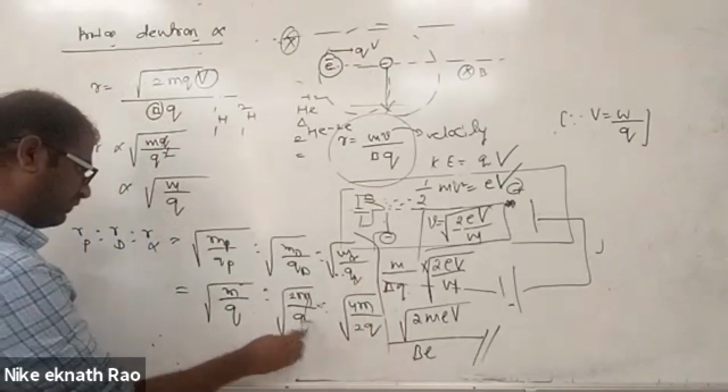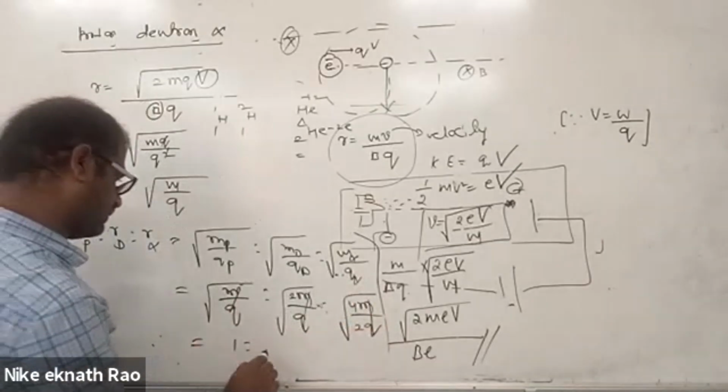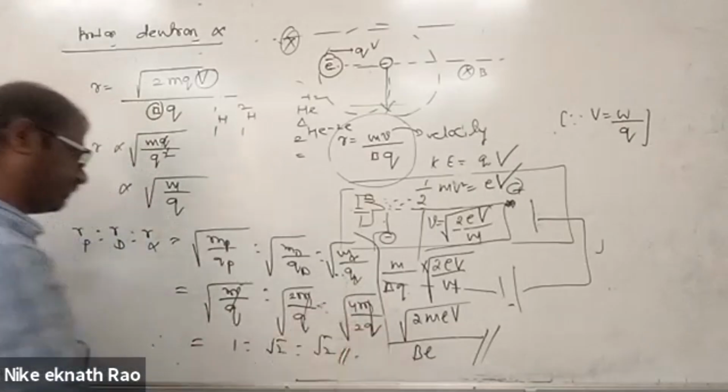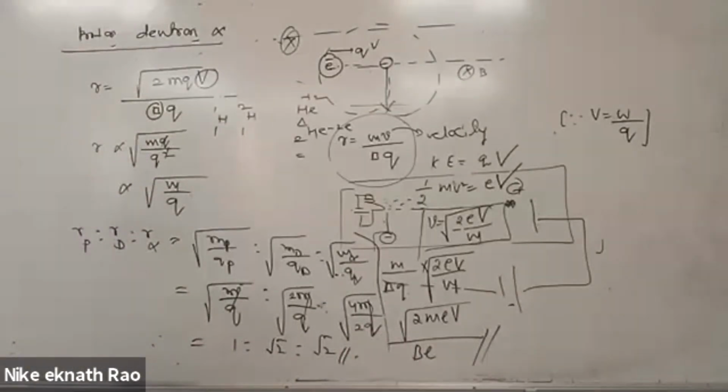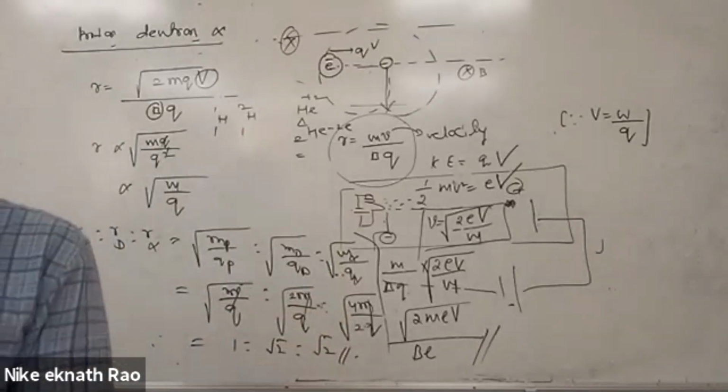So m by q cancels everywhere. Root 1 is to root 2 is to root 2.